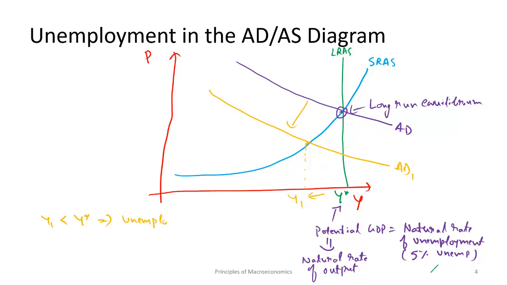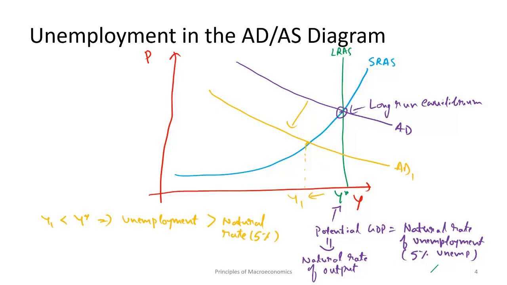unemployment is greater than the natural rate. And again, natural rate is 5%, which means that the unemployment rate is typically more than 5%. Now why is it happening? Because if we are producing below the potential, it means that we have resources which are underutilized.